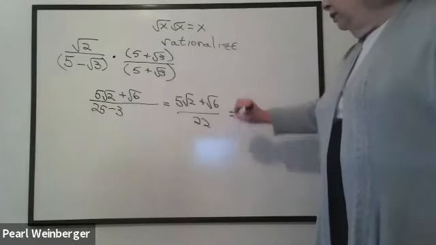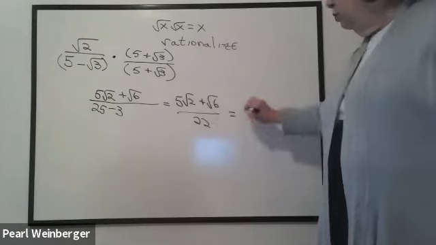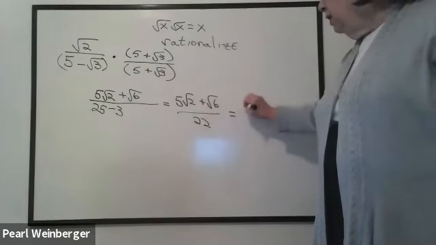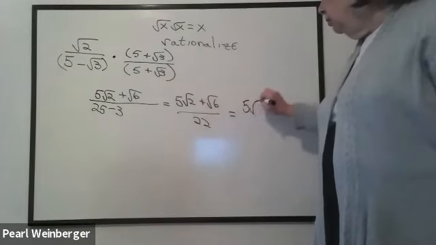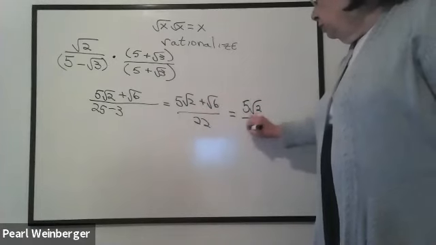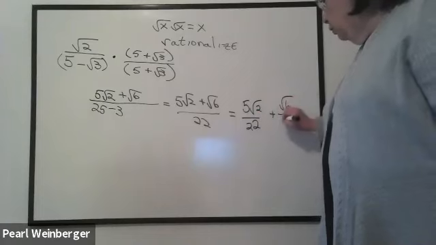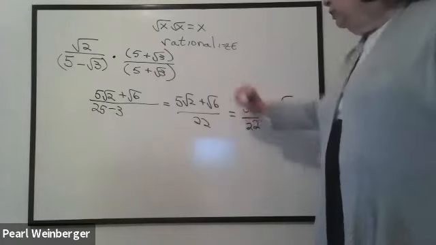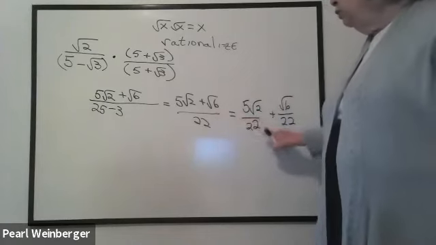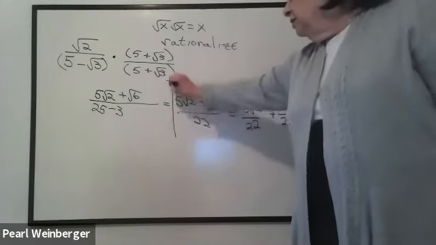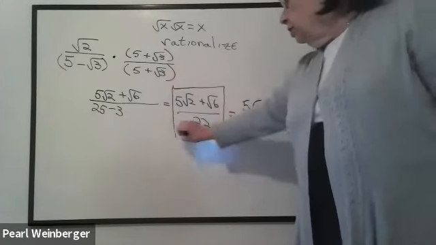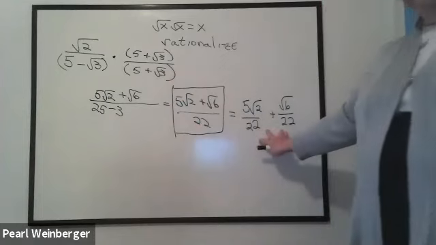If you wanted to, you could have also separated this and written it as 5 radical 2 over 22 plus radical 6 over 22. Sometimes we write it this way, sometimes we write it this way. I think this is the preferable answer, but this is also a correct answer.